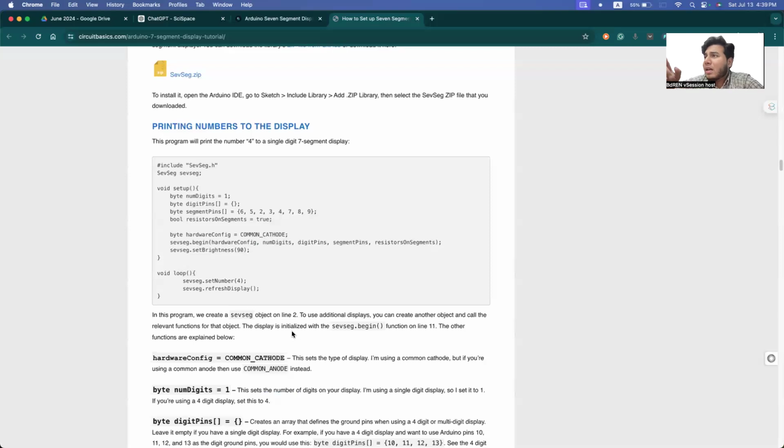For printing numbers to the display, I assigned you a task to understand function, string, and array. Did you? You didn't. So how can I say that you are going to understand these things?